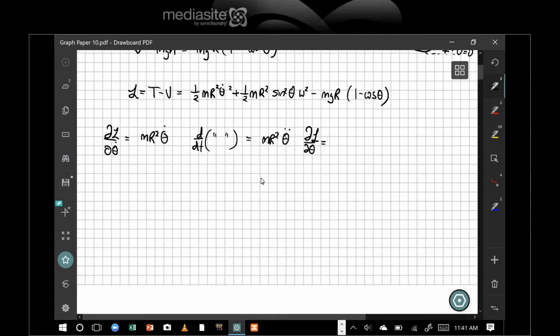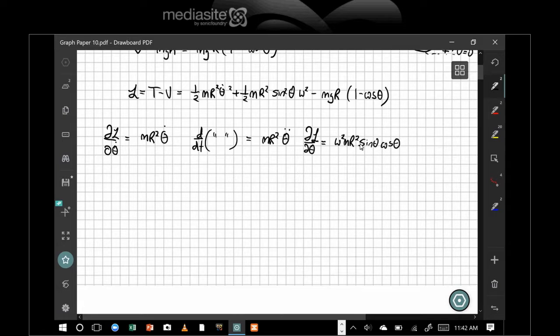Okay, and then the final term is partial L with respect to theta. And there's a bunch of thetas there, so that's the harder term. Here I'm going to get sine squared times 1/2, so that's going to give me omega squared m r squared. Then I have to remember to take the derivative of sine squared. That's going to give me 2 sine, and then the derivative of sine is cosine.